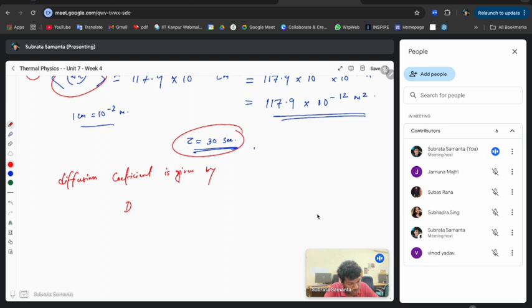The diffusion coefficient D is equal to delta x square average over 2 tau. That's very simple, okay?